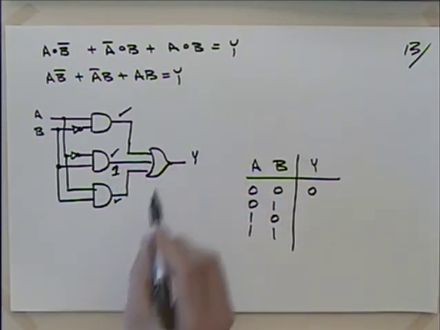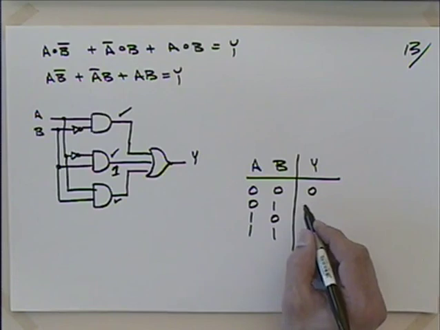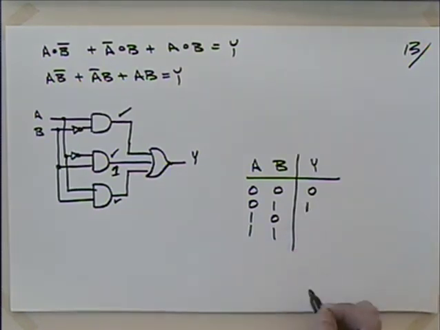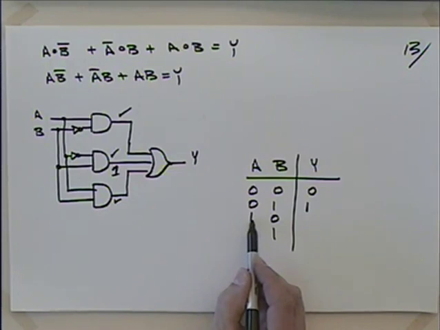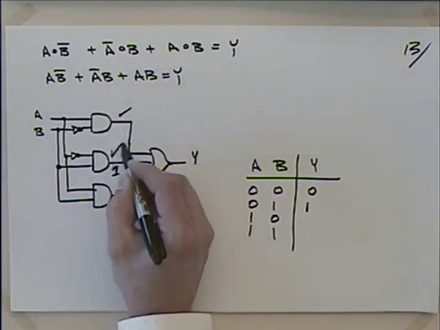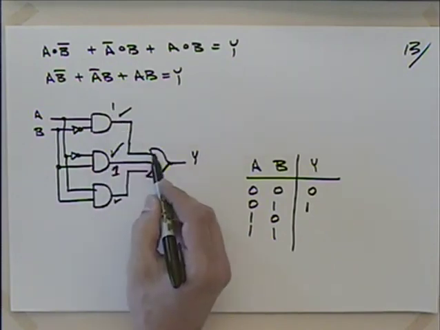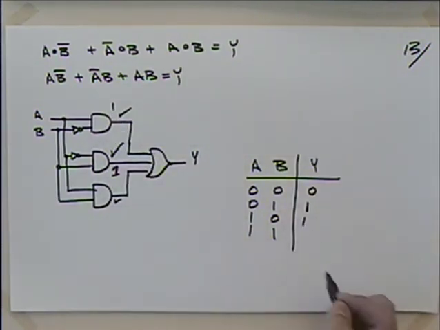With one 1 coming into the OR, with a high coming into the OR, I will get a high out of it, won't I? So I have a 1. And I could argue the exact same thing, but this time I could say it was up here, right? This time I'm getting a 0 out of this, but I'm getting a 1 out of that one. A 1 going in there will give me a 1 when I OR it.